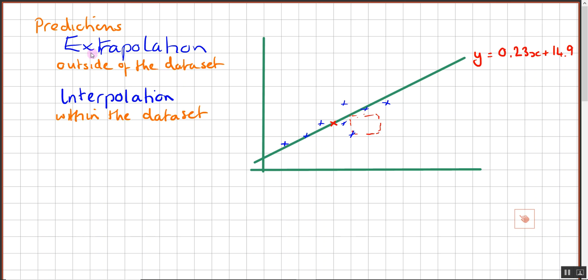All right, so the thing about interpolation then, if I were to make a prediction between these two points here on the line, between this x min and x max, anywhere in here, I can make an interpolation, because I am predicting within the data set.